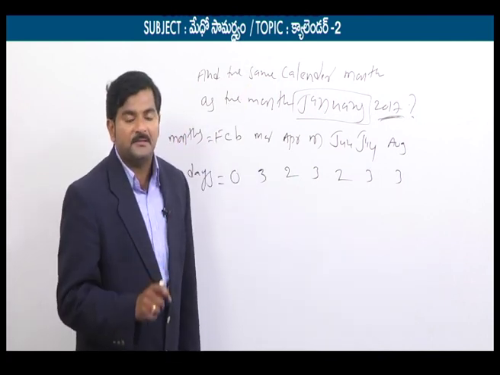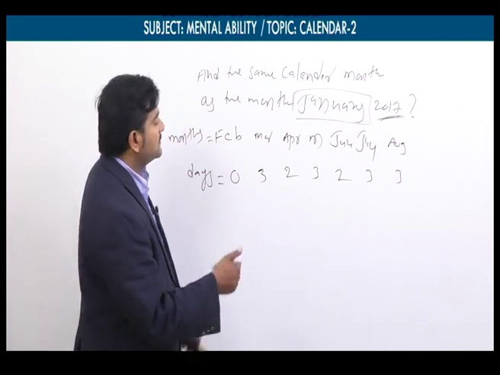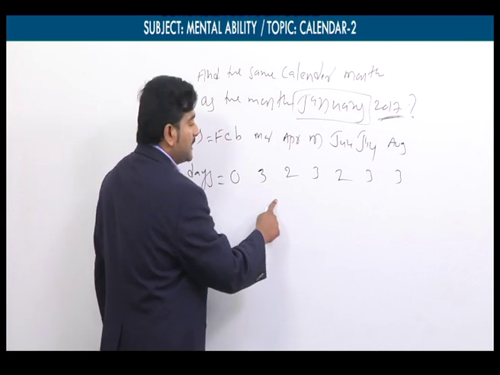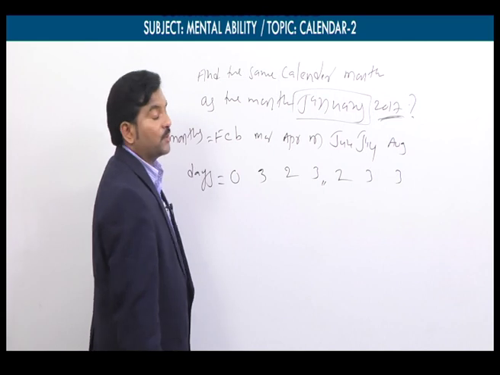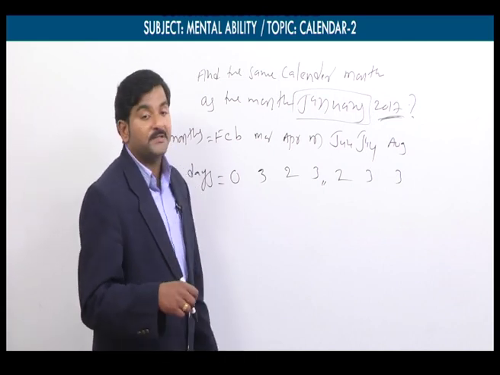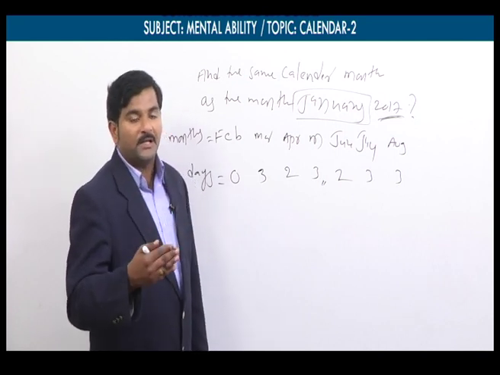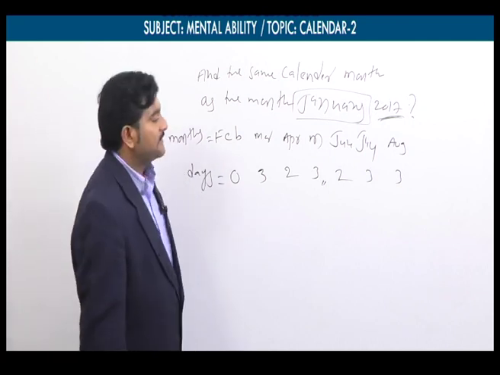Same procedure, until you get the 7 multiples. Add all these: 0 plus 3, 3, 3 plus 2, 5, 5 plus 3, 8. So what is missed here? 7 is missed. What do we have to get actually? 7 multiples. 7 multiples means what? 7, 14, 21, 28 and so on.